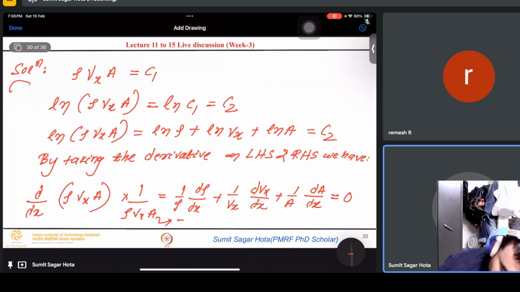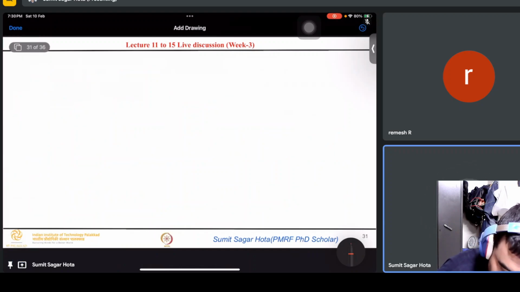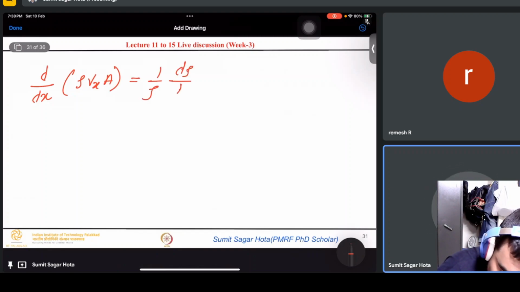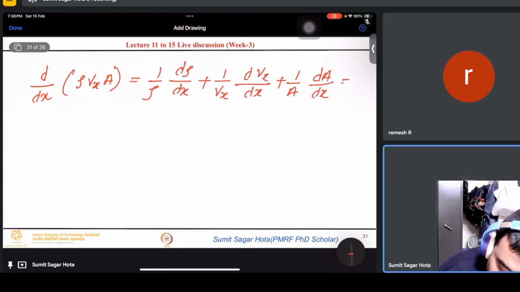Whatever this expression is, it is not equal to 0, so we can just take it to the RHS and multiply by 0, and the term can be cancelled. Write down the final expression: d by dx of rho vx into A, equal to 1 by rho d rho by dx plus 1 by vx dvx by dx plus 1 by A dA by dx equal to 0.